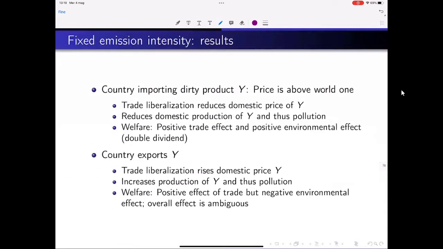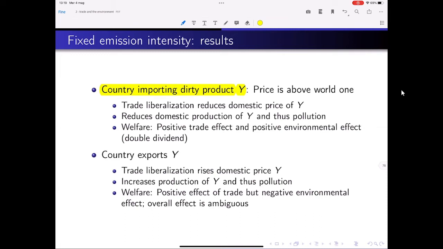Second result, and then I'm going to stop, is what happens if you have a tax with fixed emission intensity. Okay, so you have a tax such that the emission intensity is kept constant. Now you have a slightly different result. And again, it depends on whether you are importing or exporting the dirty good.